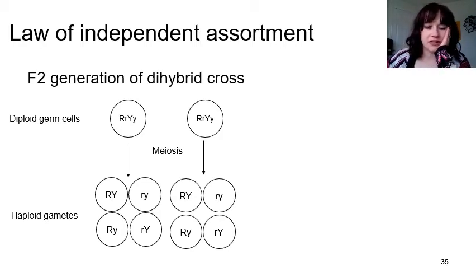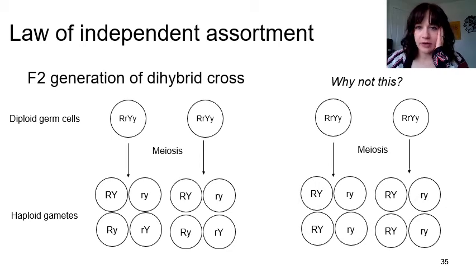So why is it that when meiosis forms the gametes, one of them is capital R, capital Y, one of them is lowercase r, lowercase y, another is capital R and lowercase y, and then the last combination potential is lowercase r and capital Y? Why do we get 4 potential outcomes? Why don't we get, for example, something like this? When meiosis occurs, why is it that we get 4 options and not, for example, 2?